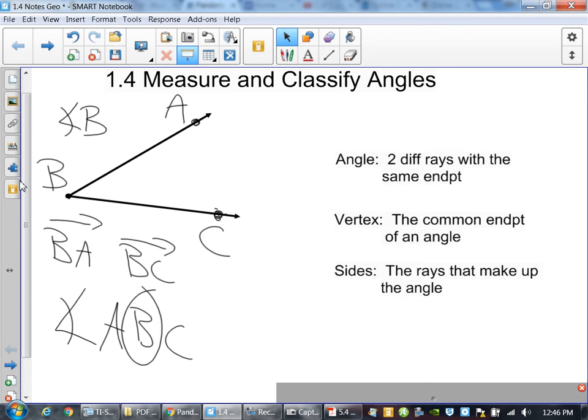Sometimes I'll have an intersection point with 6 different rays, and this could still be point B. So this could be A, C, D, E, F, and G. I can't call this angle B right here because B is a shared vertex for, let's see, 1, 2, 3, 4, 5, 6, 7, 8.